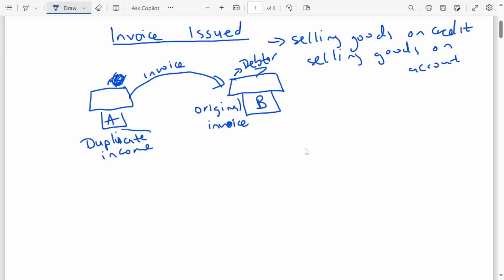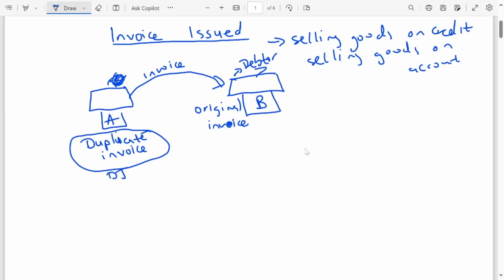Now, what does this mean? It means that whenever the business is issuing an invoice, the business will be left with a duplicate invoice, which is a source document that is used in the debtors journal, the DJ.